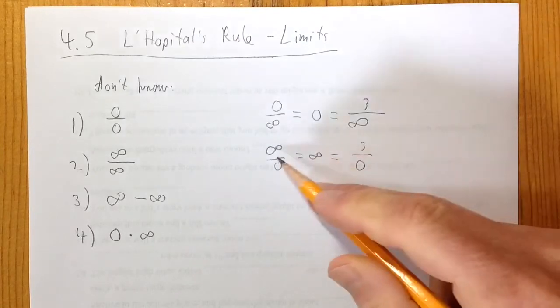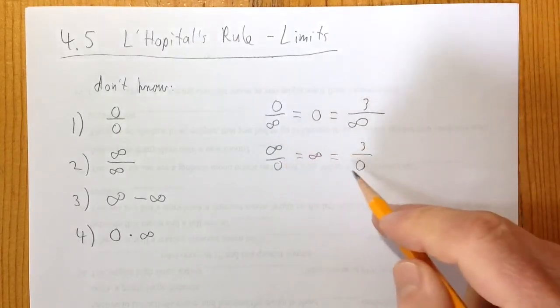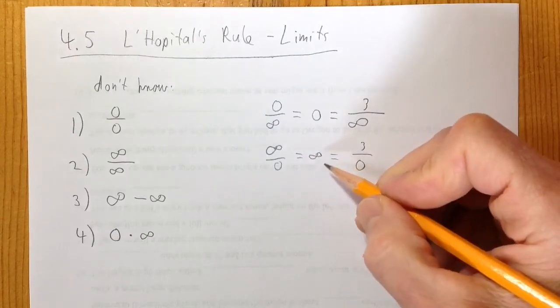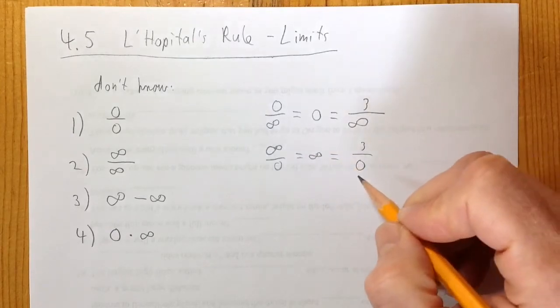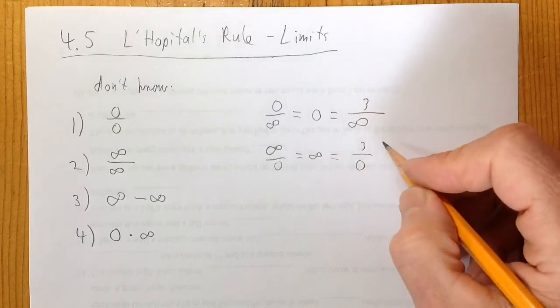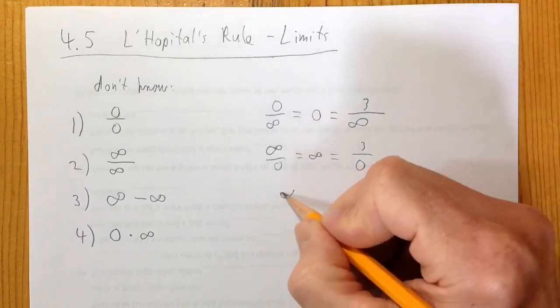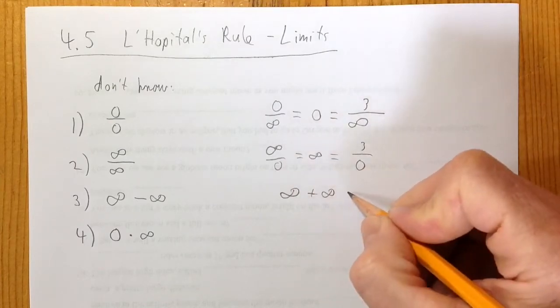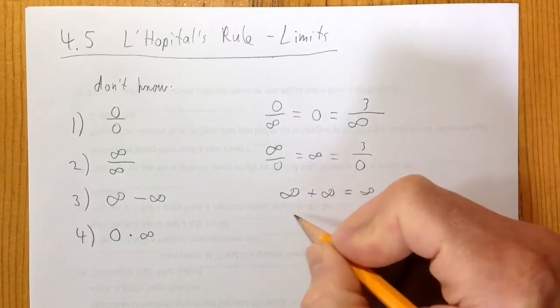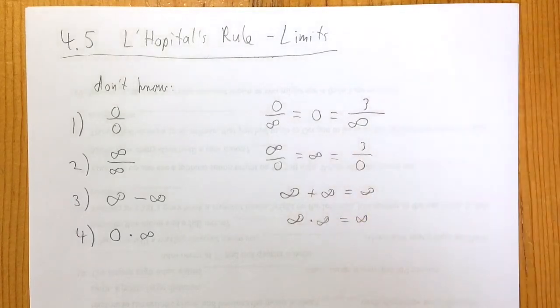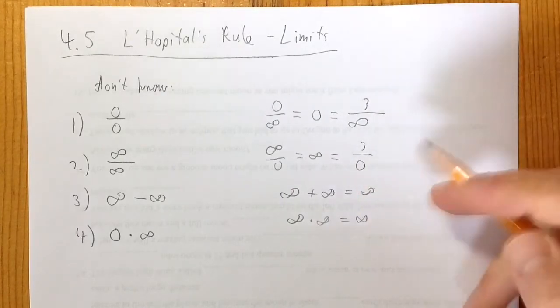Anything over 0, a solid number over 0, including infinity over 0, is going to be infinity. Sometimes we have to be careful whether it's positive or negative infinity, depending on whether we approach from the left or the right. Clearly infinity plus infinity is infinity, and infinity times infinity is infinity. Those are things we know the answers to.